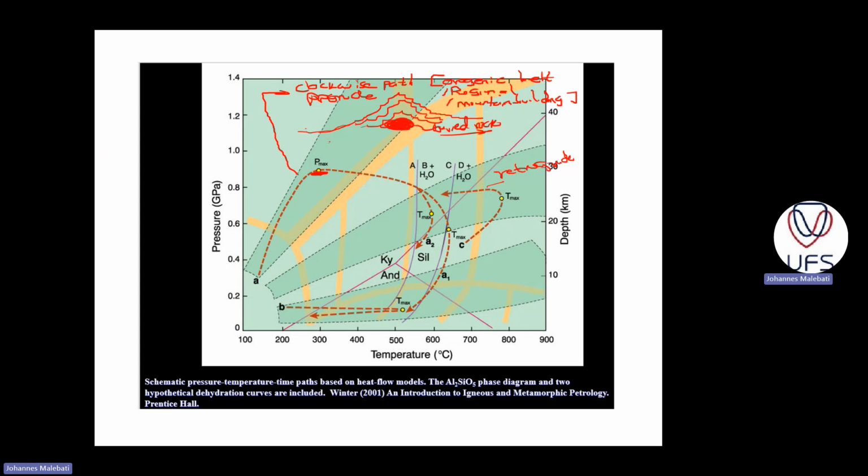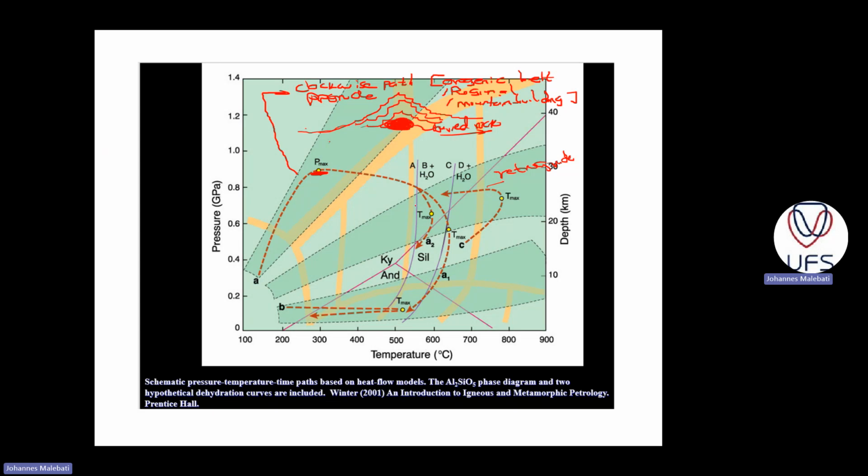So now you'll be having the highest temperature. But because of the effect of erosion and uplifting, the pressure would start to decrease, decompression, while heat is still arriving, you're still bringing in more heat. So that is to say, you'll now be having the negative slope path.